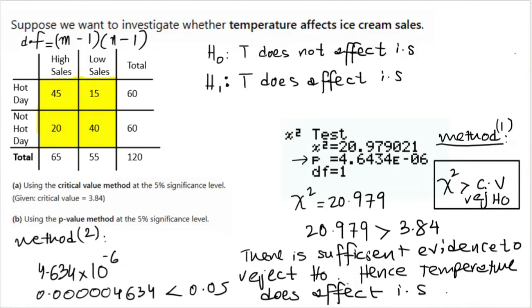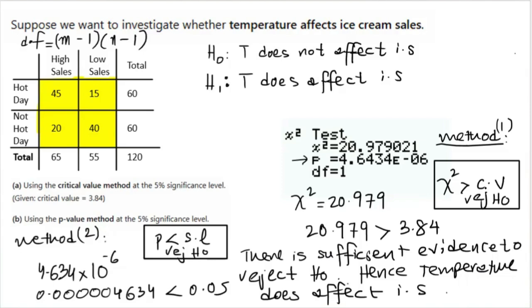So your p-value is below the significance level. This is also the same criterion. You reject H naught. So you will say there is sufficient evidence to reject H naught, and so the temperature does affect ice cream sales. Now, students, this is something worth noting.